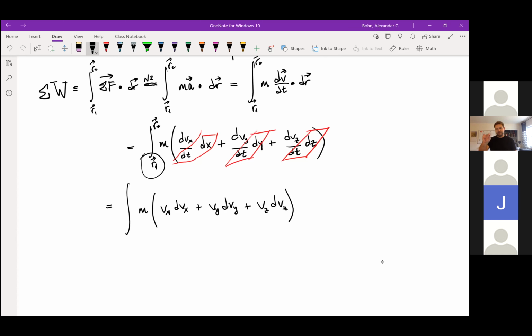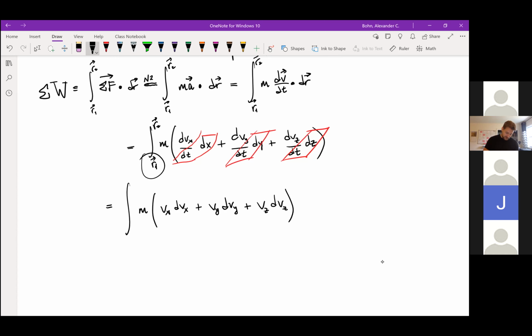We have done a differential squishing. We've combined the dr with dt and ended up talking not about dr but dv. So we've got this integral tagged for v now.